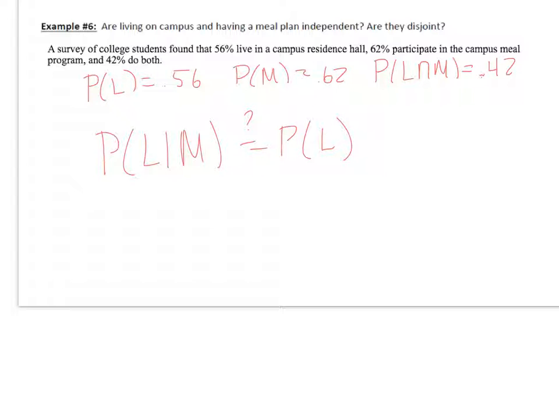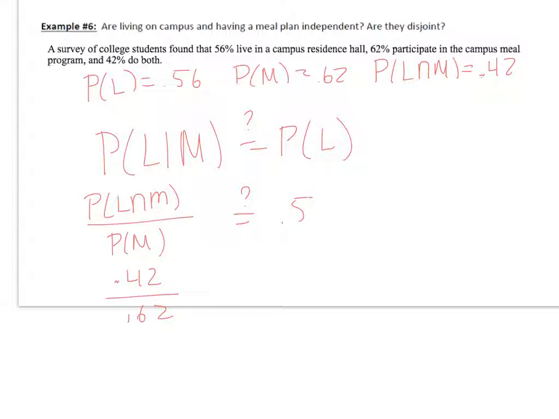So this should be the probability of L intersect M all over the probability of M, where L intersect M is 0.42 and the probability of M is 0.62. And on the other side, is that equal to P of L, which is 0.56? So what's 0.42 divided by 0.62?